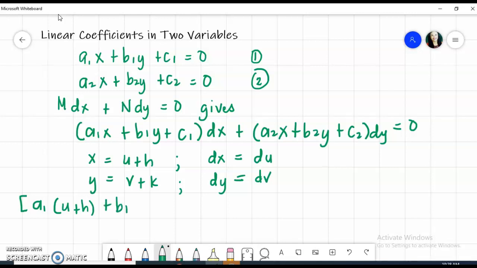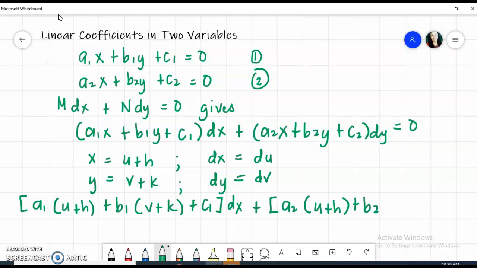Plus b1 times (v plus k) plus c1, dx, plus a2 times (u plus h) plus b2 times (v plus k) plus c2, dy is equal to 0.